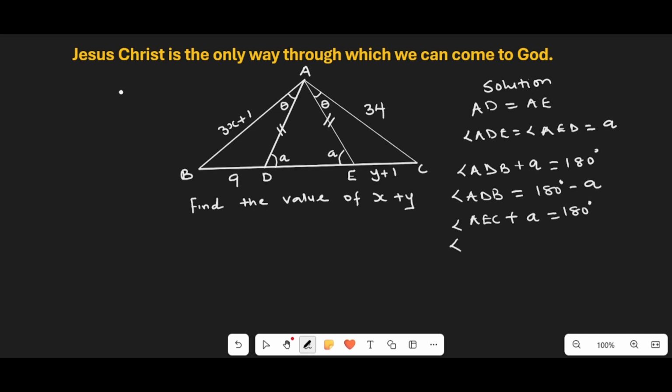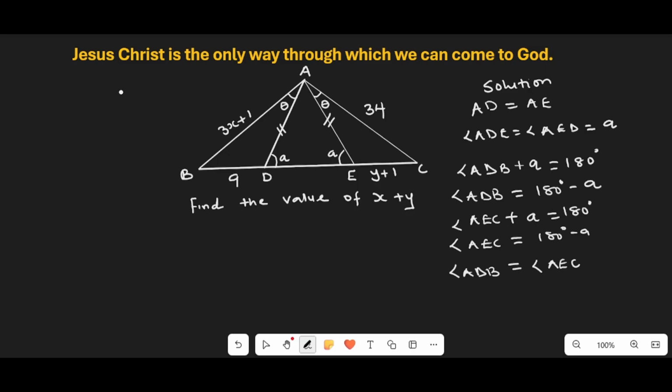So angle AEC equals 180 degrees minus A. You will see that angle ADB and angle AEC are equal to each other. So we can say angle ADB equals angle AEC. So this angle and this angle are equal to each other.